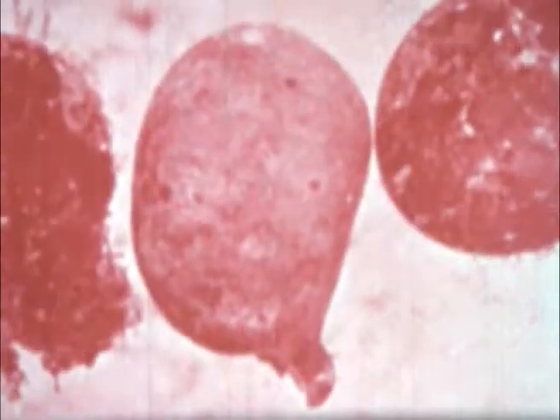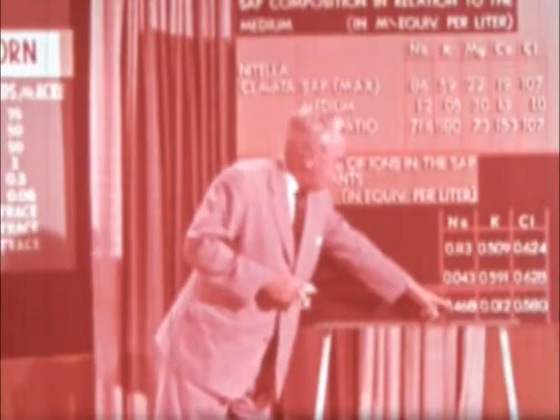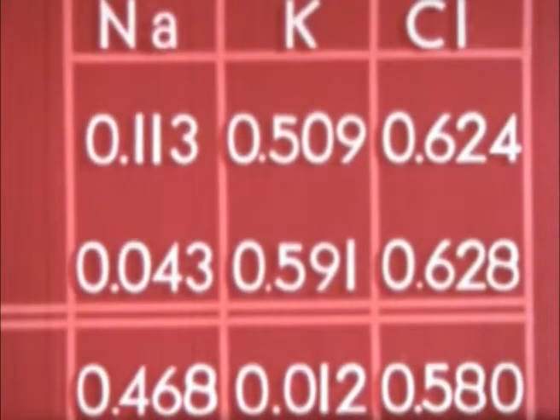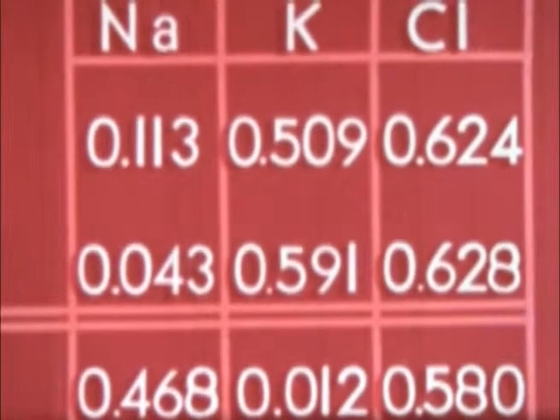A plant which grows in the sea, Valonia, here we see 2 species, Valonia macrophysa and ventricosa, also does this. Whilst it keeps out sodium, which ratio is less than 1, it accumulates potassium many, many times.